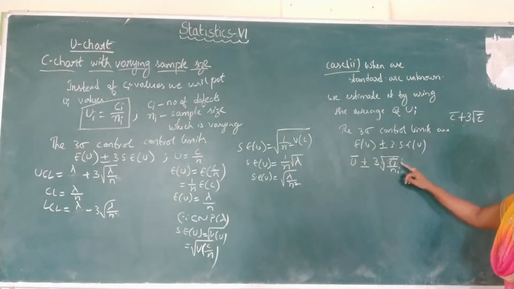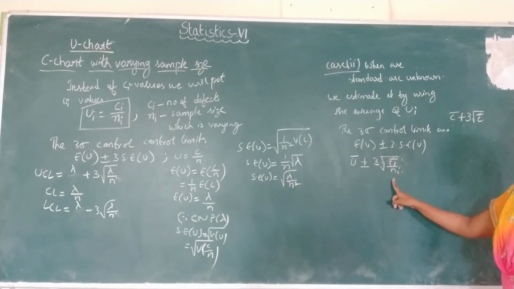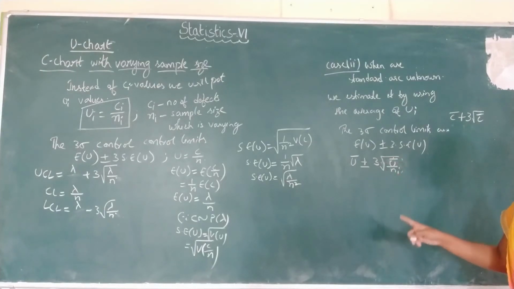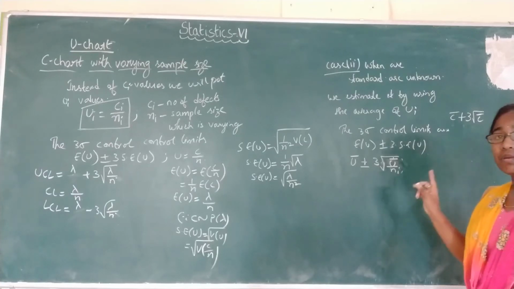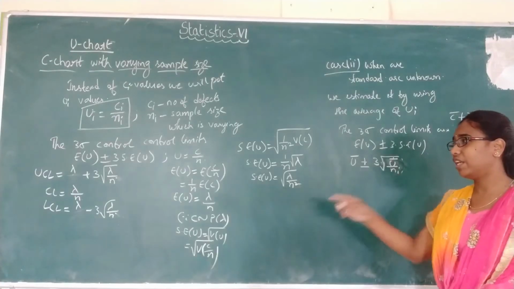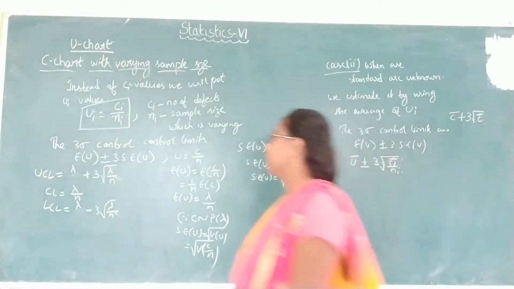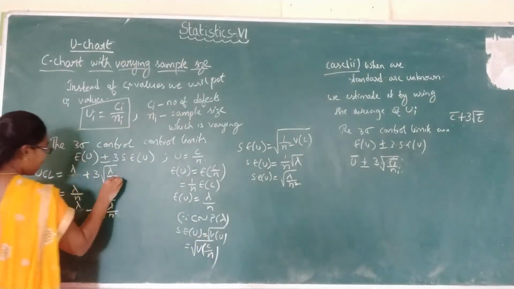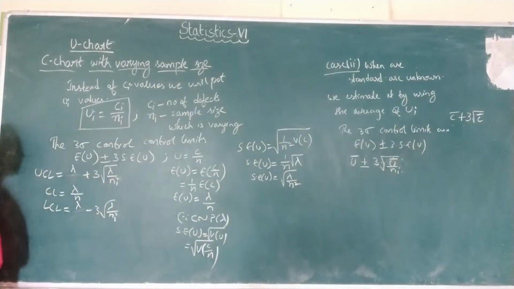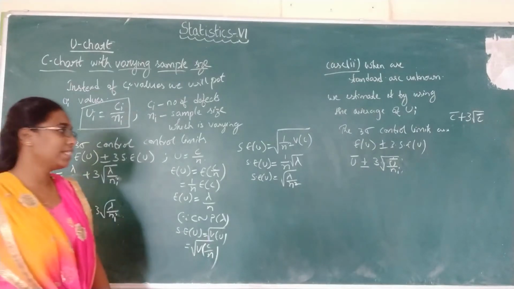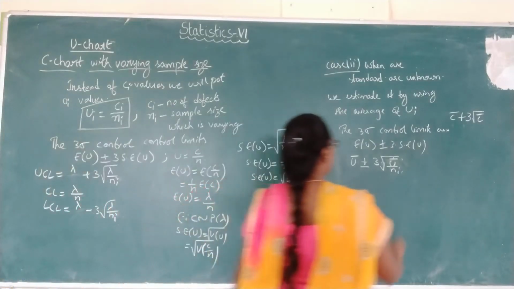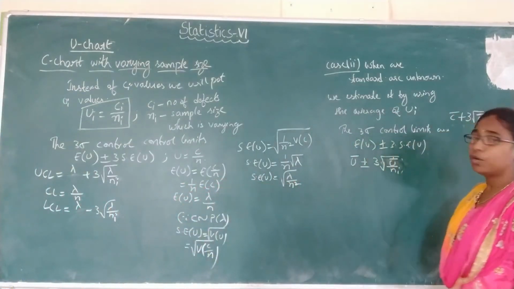In place of lambda you will be substituting u bar, and since it is a varying sample size case, where ui values are there, there you have written n, here you will be writing ni. So here also you have to specify ni only, since it is a varying sample size case. Only in place of lambda you will be writing the u bar value.